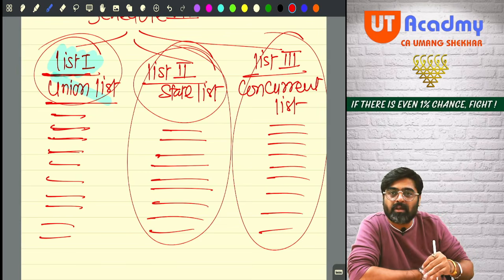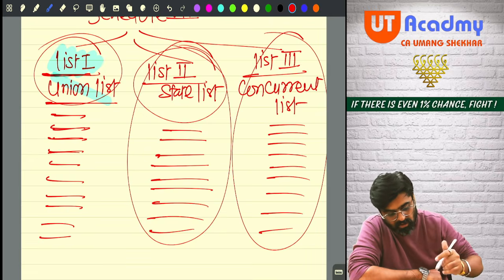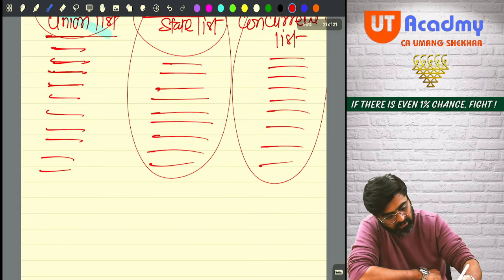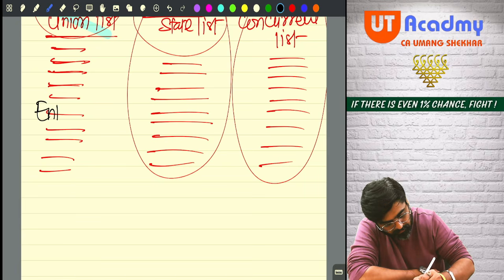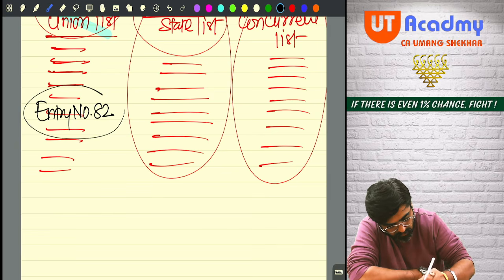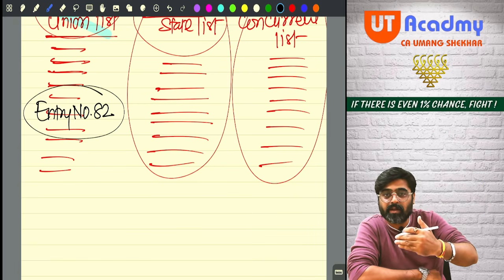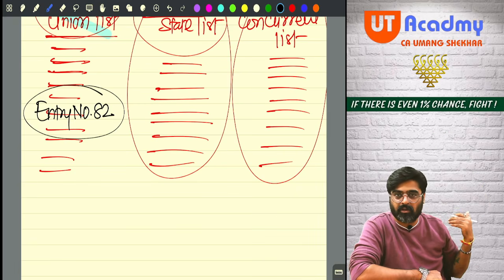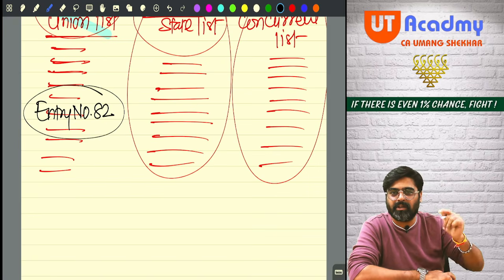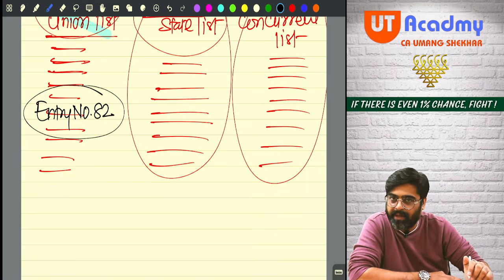All these subject matters are known as what? Entries. So out of all these entries, there is one entry, entry number 82. Before this, 81 entries are there, and after this there are other entries also, but I am not concerned about other entries. I am concerned only about entry number 82.